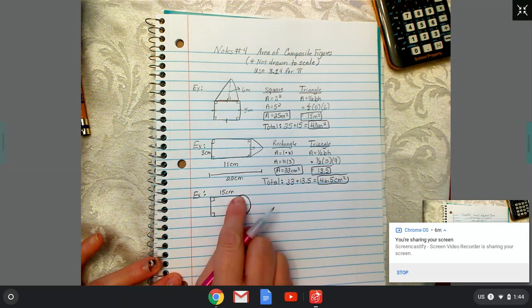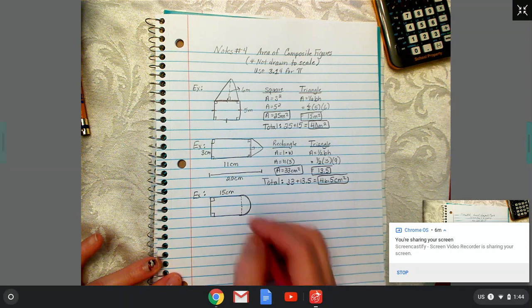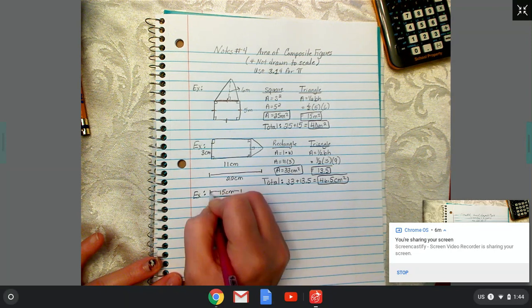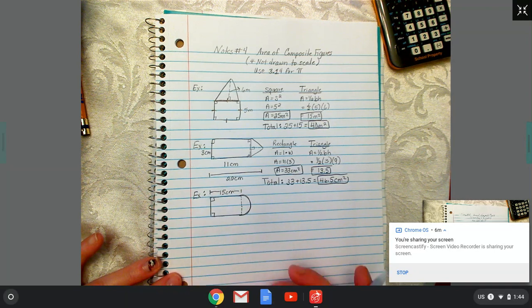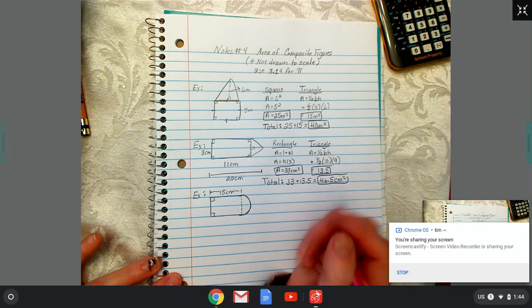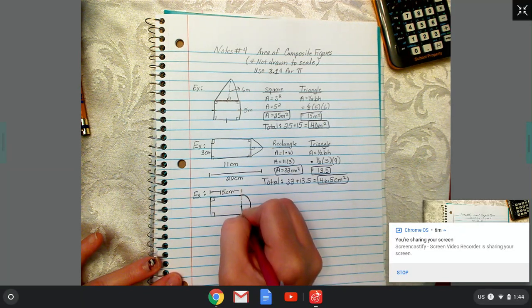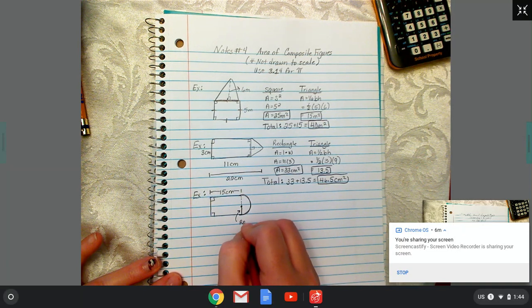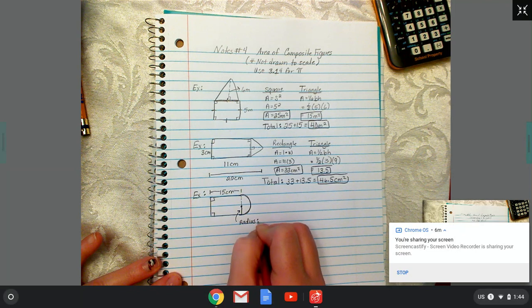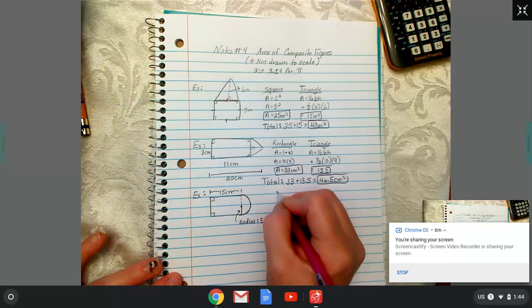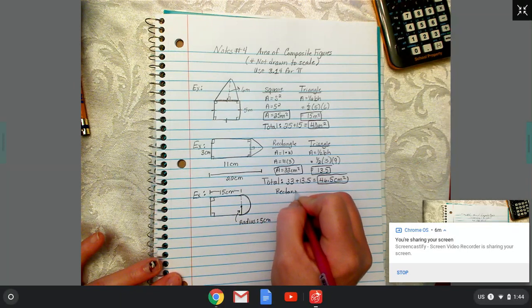That represents out to here, and that would only be from point to point on the rectangular side. Then I've got this little circular side, which is half of a circle, a semicircle. And what they're going to tell me on it is right here, the radius is 5 centimeters. So we're going to divide this into a rectangle.